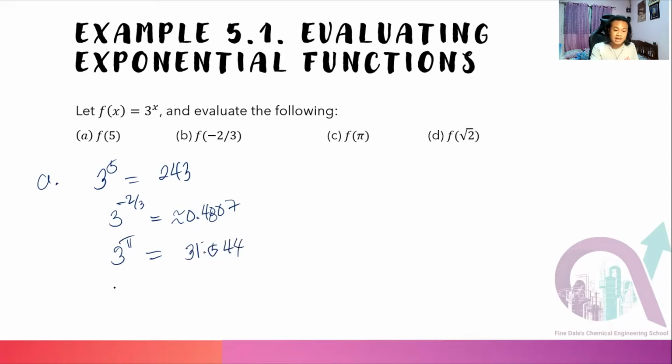And lastly, if you substitute the square root of 2 for letter D, you will have around 4.7288. So that's simple. Now, how can you evaluate that using a scientific calculator?